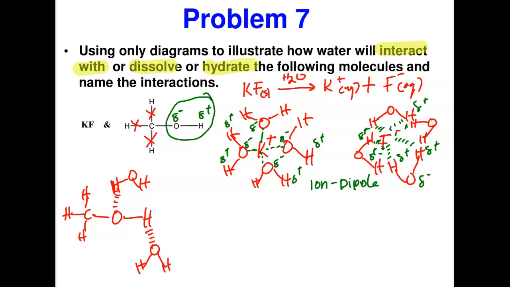So, of course, again, this is a dipole-dipole interaction. This is partial negative, partial positive, partial positive, partial negative. So this is exactly what happened. And this type of interaction, what do we name it? A dipole interacting with a dipole, a dipole-dipole interaction. In fact, this is called methanol, and it's an organic compound.